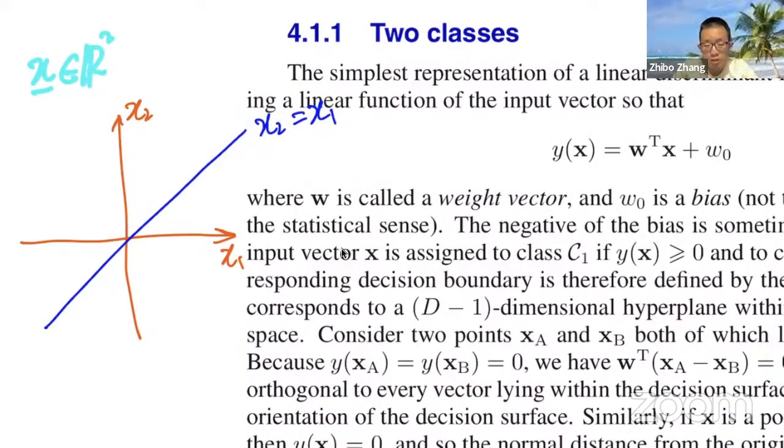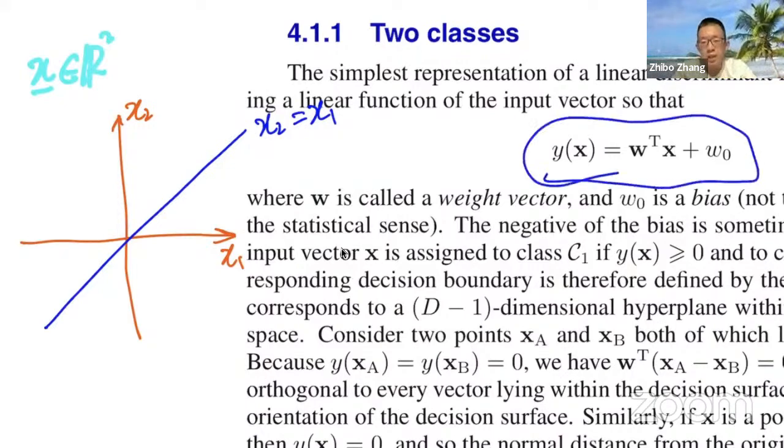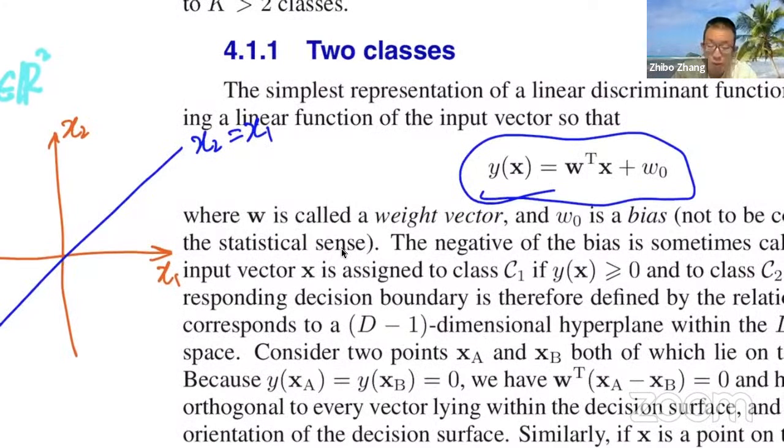How do we rearrange this formula to make it look like this format? Basically, we move it to one side. So X1 minus X2 equals 0. That's going to be the formula.